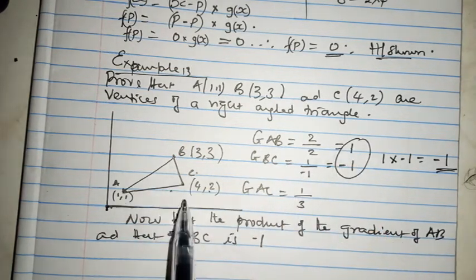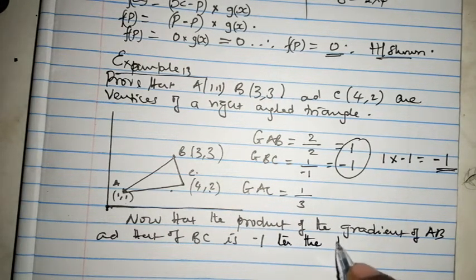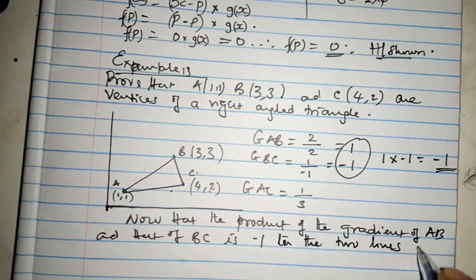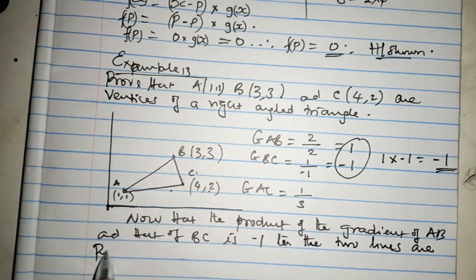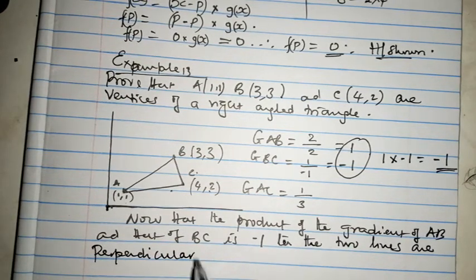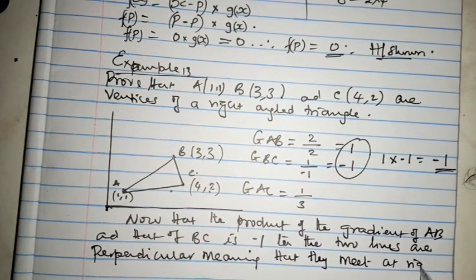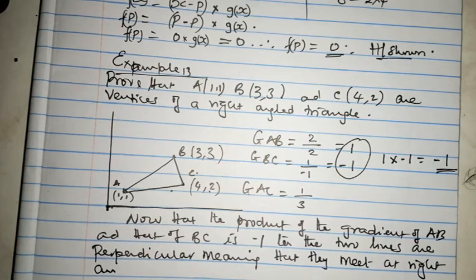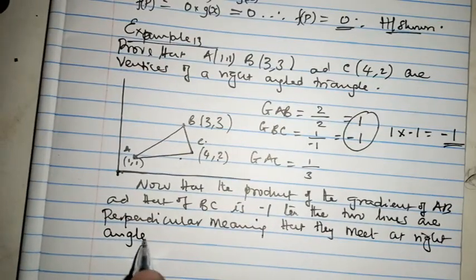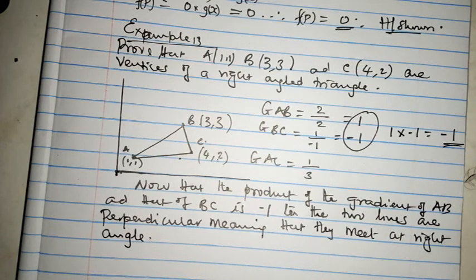The gradient of BC is negative 1. Then the two lines are perpendicular, meaning that they meet at a right angle. And that is all we needed to show or to prove. All right.